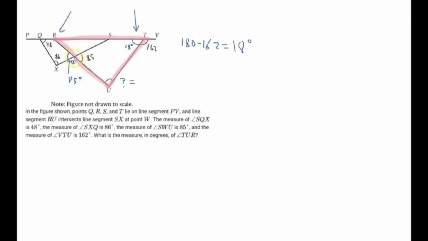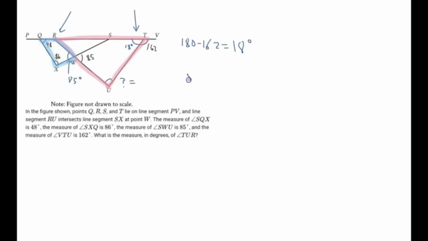And now another thing I want to note is that this quadrilateral QRWX has four sides, right? And it's a closed shape. So because of that, I just want to highlight this. This will have 360 degrees, right? And so what we've just done is we found three of the angle measures.